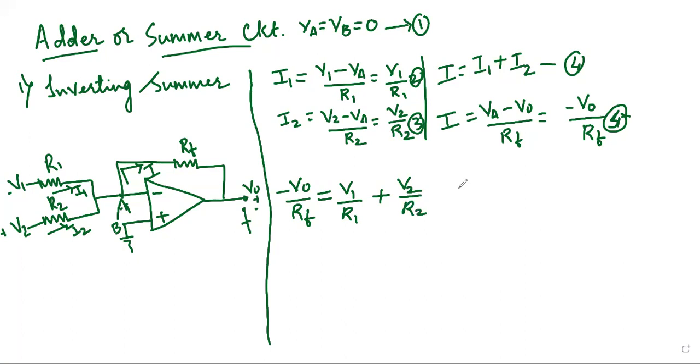Now I'll take out V0 and send the minus 1 by RF to the right. So I will get V0 equals minus of RF by R1 into V1 plus RF by R2 into V2.